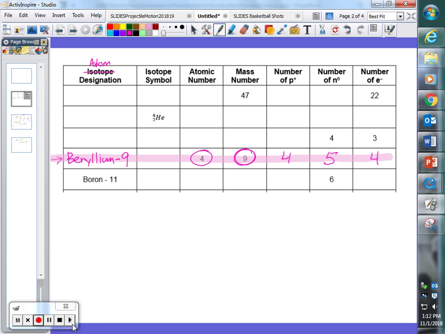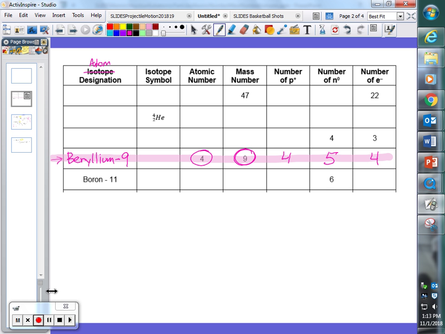Mass number. So we write the name of the element followed by the mass number. So this atom is beryllium-9. Okay? Good so far? All right.